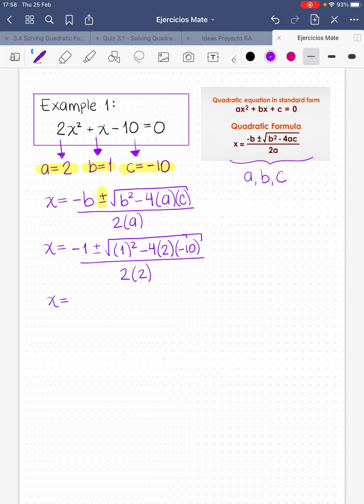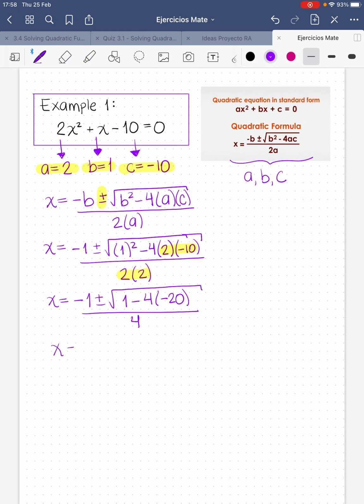So after you substituted everything, you just keep on working on that, solving step by step, using always PEMDAS, okay? So 1 squared is 1 minus 4. I'm going to solve this first, multiply 2 times negative 10, which is negative 20 here, and then divided by 2 times 2, which is 4.